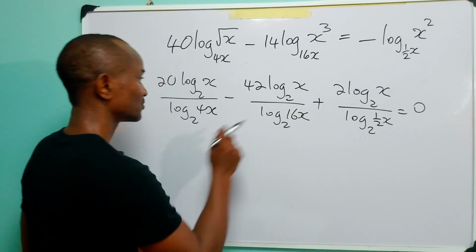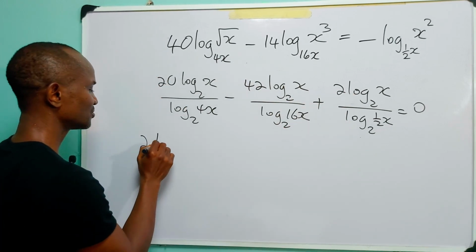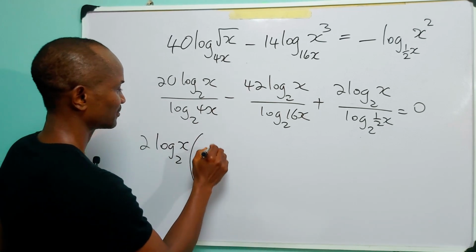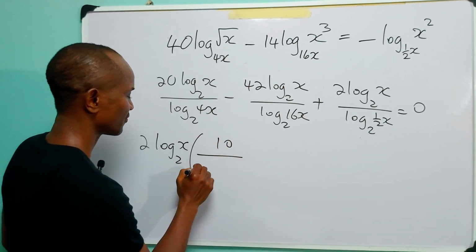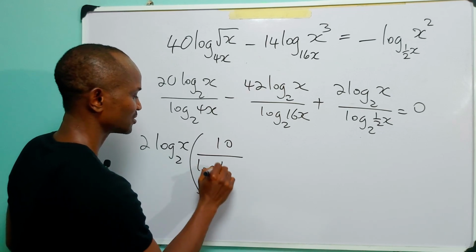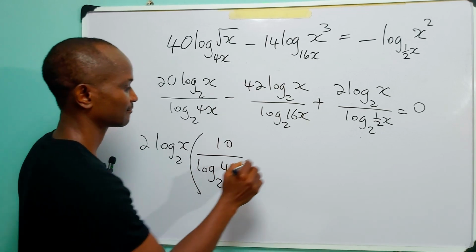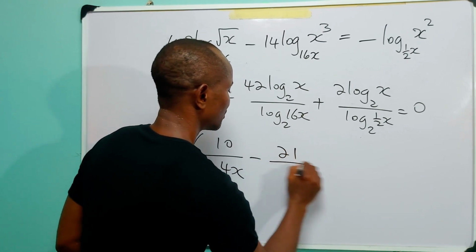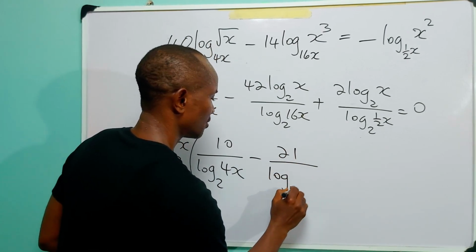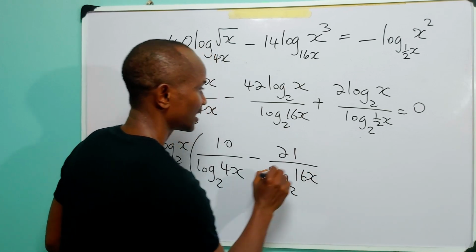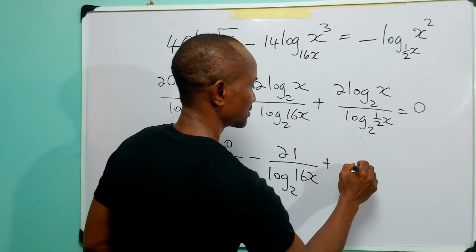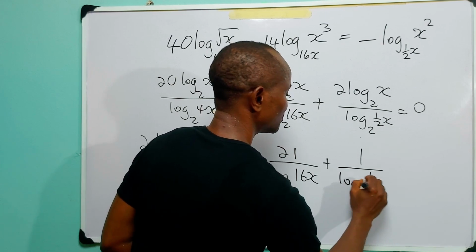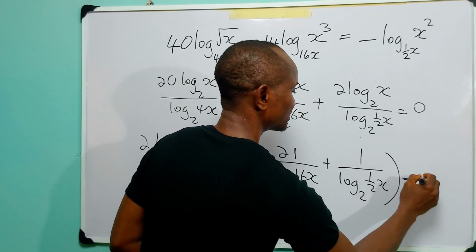So that means that we can factorize 2 times log to base 2 of x, and we have 10 over log to base 2 of 4x minus 21 over log to base 2 of 16x plus 1 over log to base 2 of half x is equal to 0.